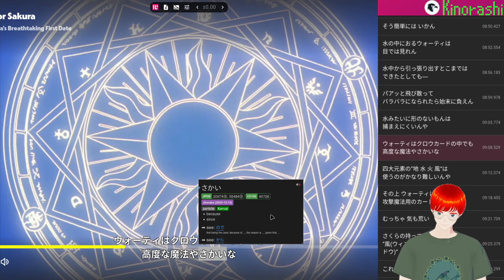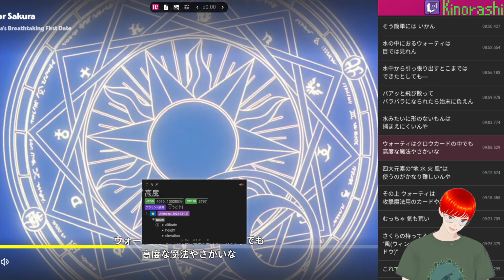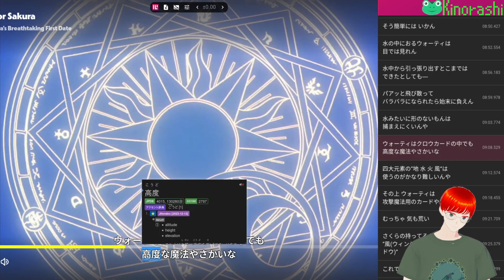So it's basically a Kansai way of saying kara, and ya is just the da particle. So, just like we have dakara in standard Japanese, we have yasakai in Kansai. So, Wota wa kuro kado no naka demo kodo na maho yasakai na.